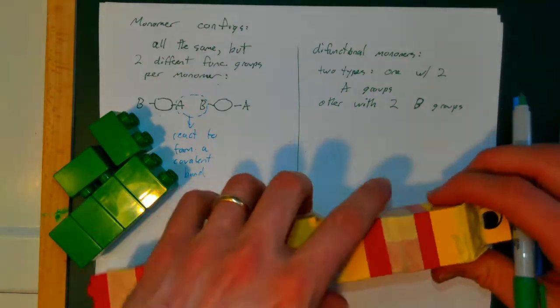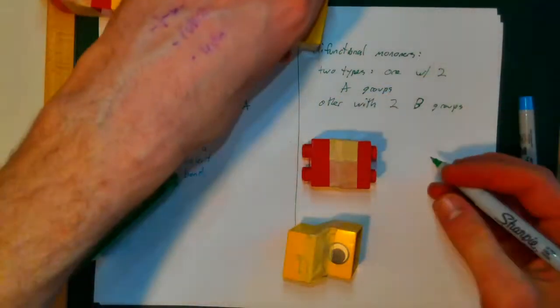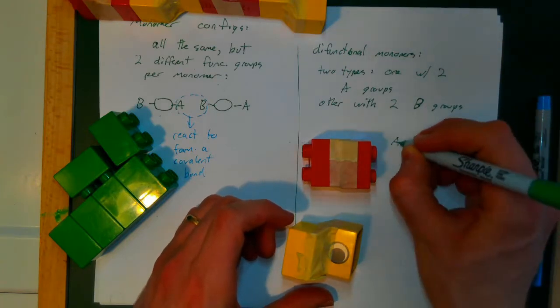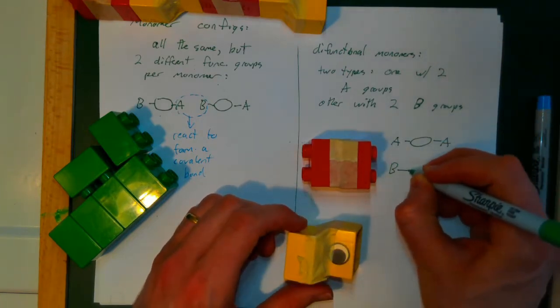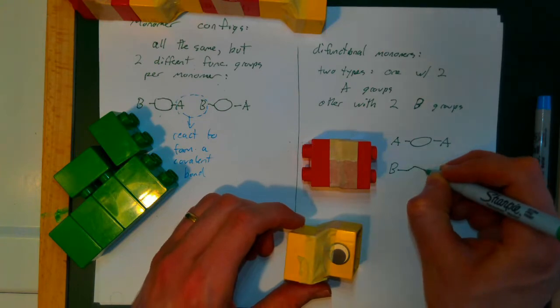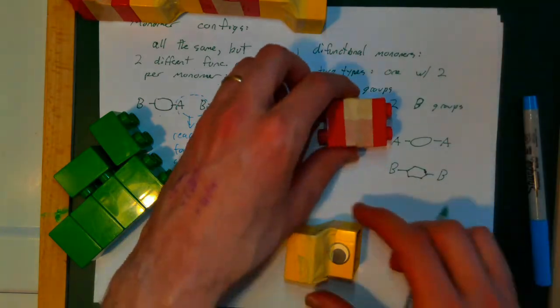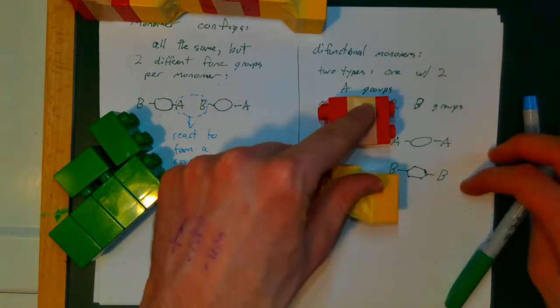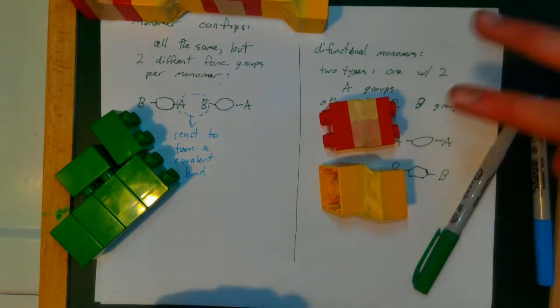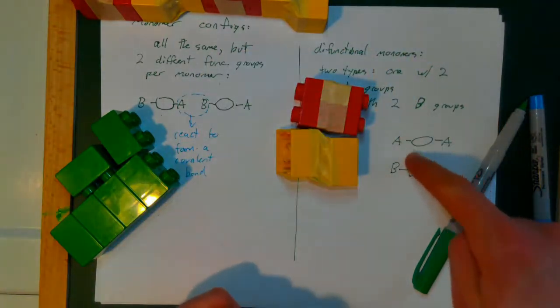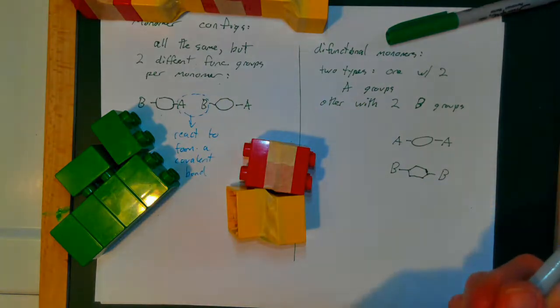So what's that going to look like? Well, I essentially have A and B, B, and as long as I have an equal number, then they can react with one another to form this alternating chain.